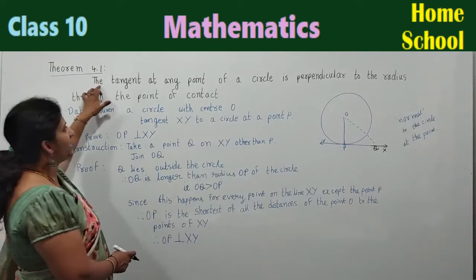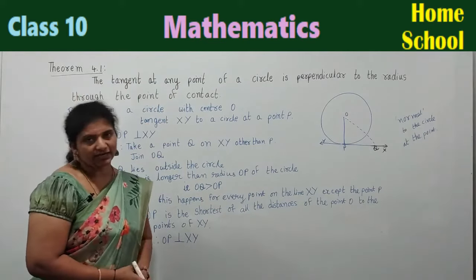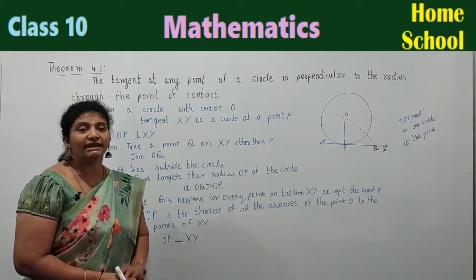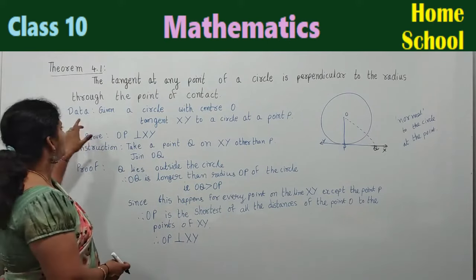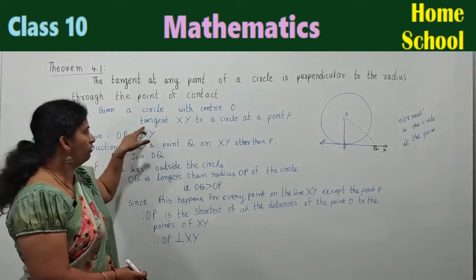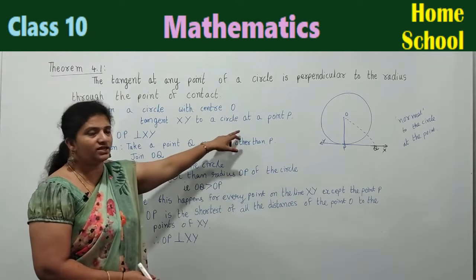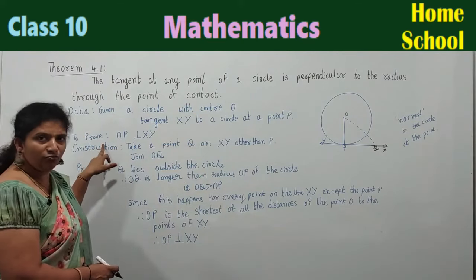So let's see your statement once again. The tangent at any point of a circle is perpendicular to the radius through the point of contact. What is the given data? Given a circle with center O, tangent XY to the circle at a point P. What do we need to prove here?